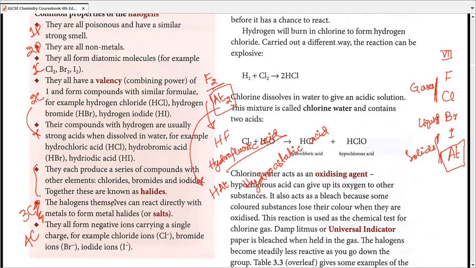All right. Any of their colors and state of matter are physical properties. So if you mention chlorine as pale green, it would be another physical property. So now you know the physical and chemical properties from this big common properties table.